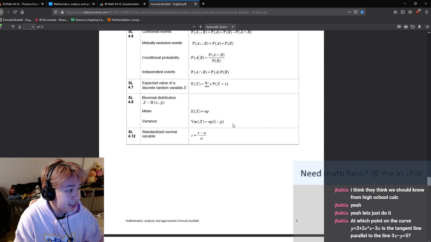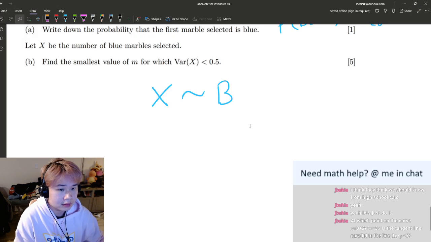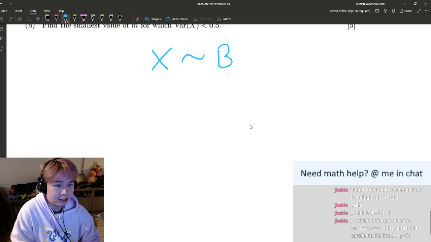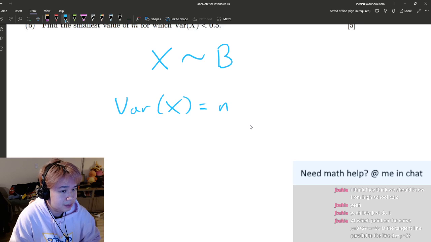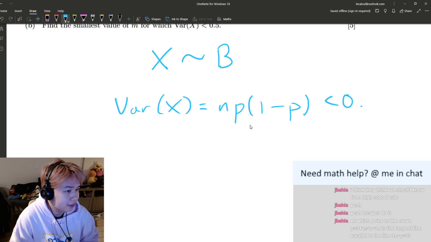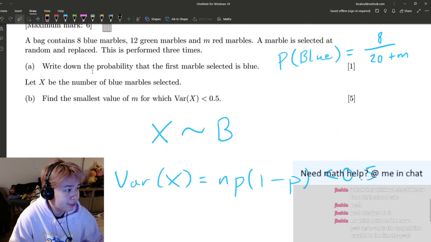It's np times 1 minus p. So we want the variance, which is np(1 minus p), to be less than 0.5. Okay, and then of course n is the trials and p is the probability of whatever is happening.